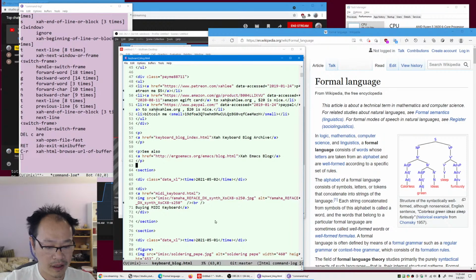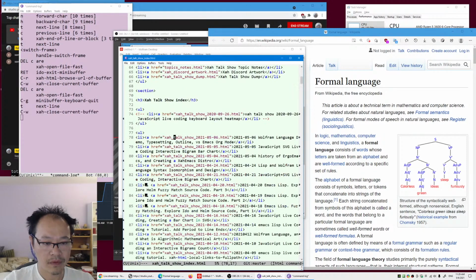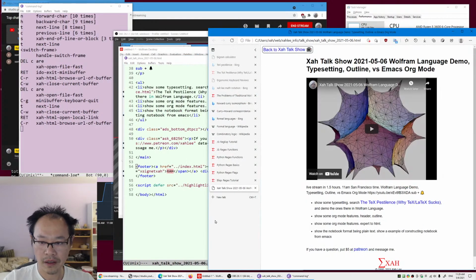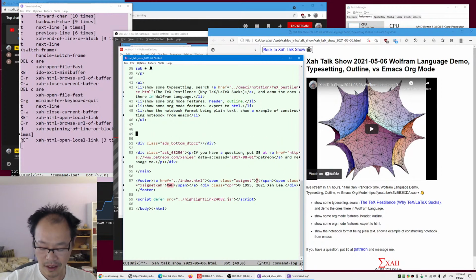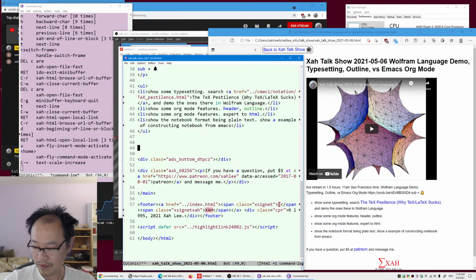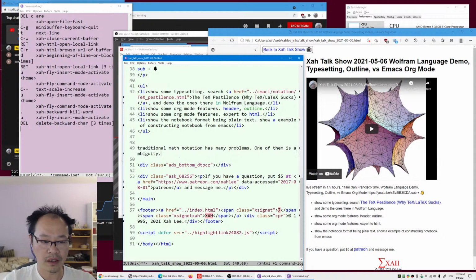Okay, that's kind of a giant digression into formal languages and strings. I think I should write down today's topic. Traditional math notation has many problems. One of them is ambiguity.